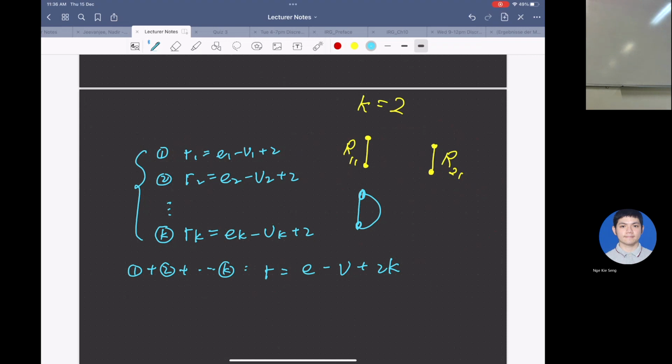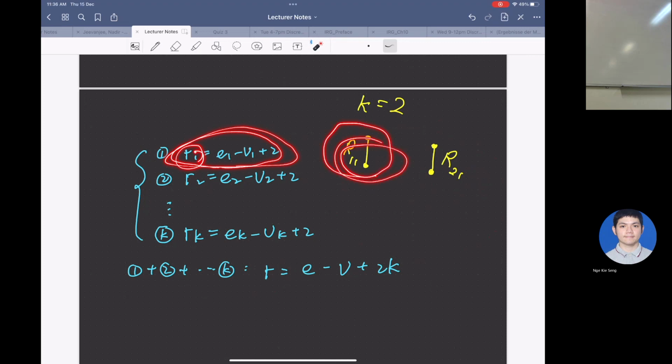K connected components, right? So we got one connected component here, and then a second connected component. R is the region. What she wrote here is that R1 is computing for this connected component, and Rk is for a different connected component.